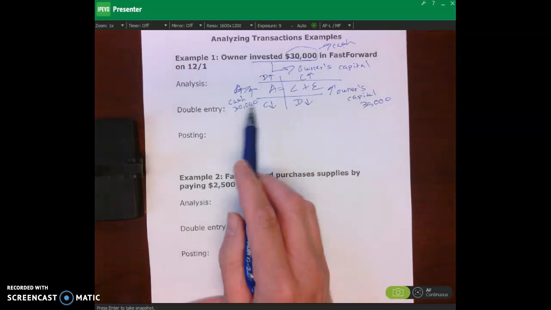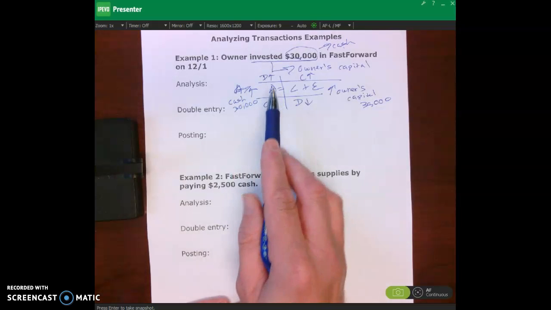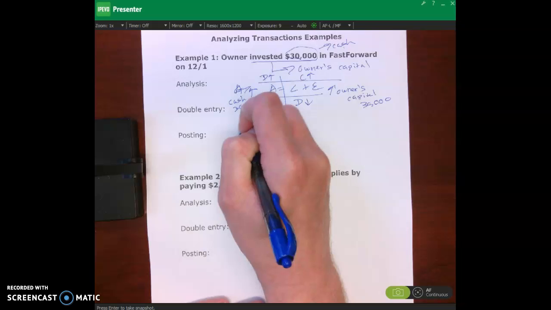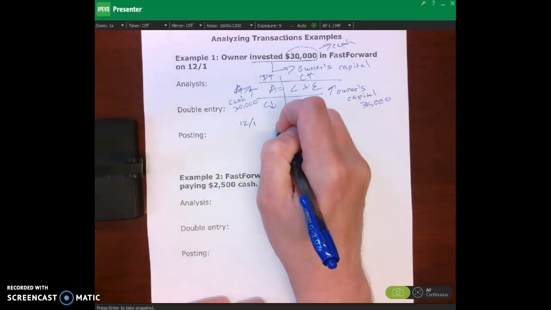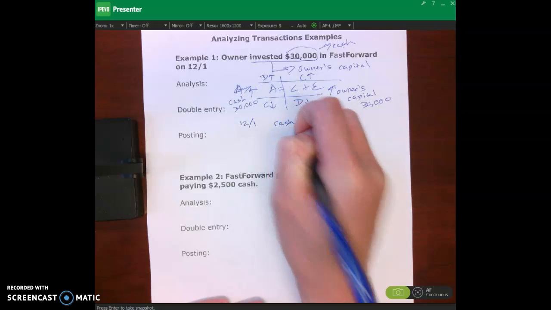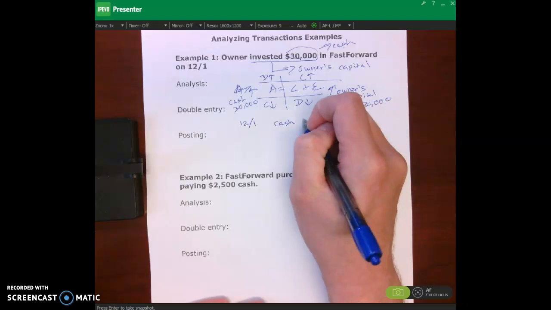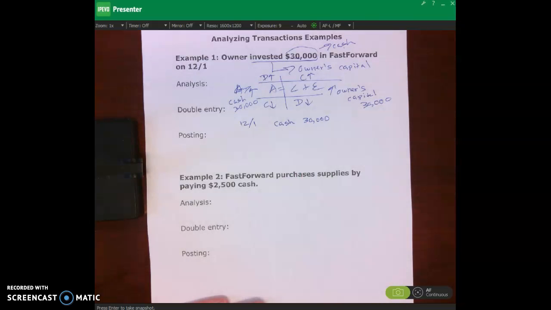So if I look over here, cash is an asset, cash is going up. How do I recognize that an asset increases with a debit? So I'm going to give the date, 12/1, and write down the account being affected, which is cash, and then the dollar amount of $30,000. So I've got cash, $30,000.